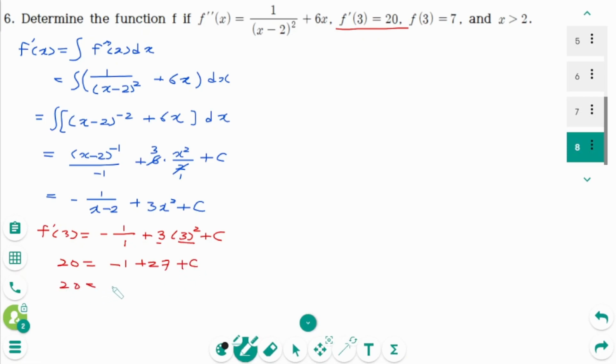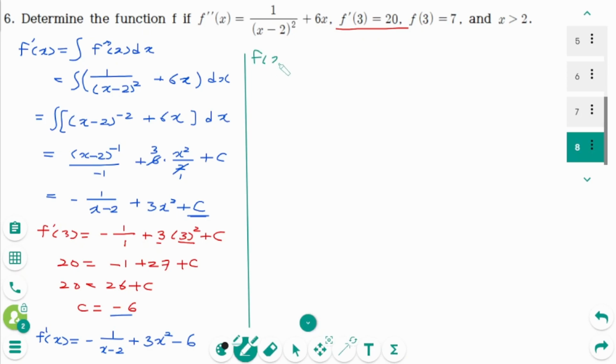Then 20 equals 26 plus c. Then c equals minus 6. So f prime of x equals minus 1 over x minus 2 plus 3x squared plus c, which is minus 6.